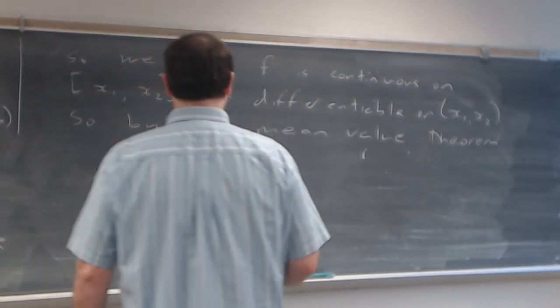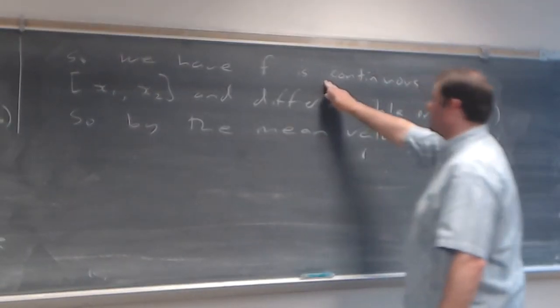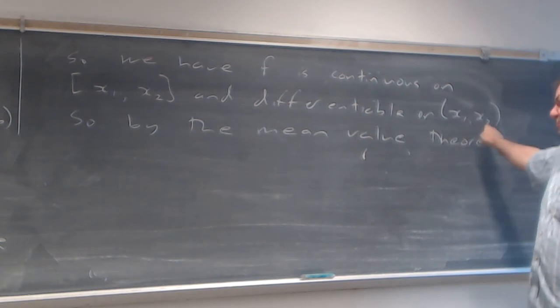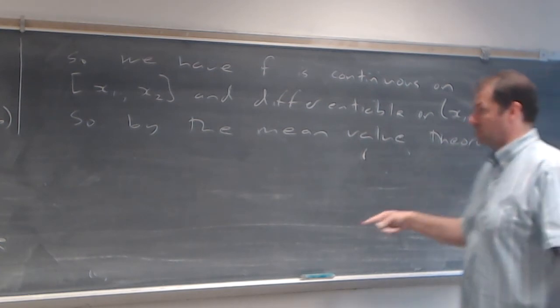Okay. So what we said was that f is differentiable on the closed interval. Differentiability implies continuity. So f is continuous on the closed interval from x of 1 to x of 2. And it's differentiable on the open because it's really differentiable including at these endpoints on the closed.